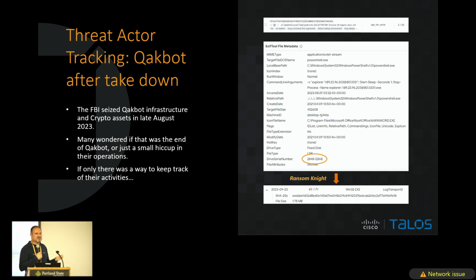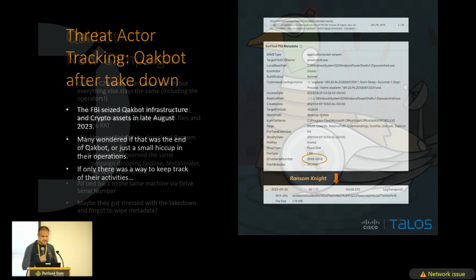Did they mess up and forget about the link metadata because a lot of time has passed since the last campaign? Or did they get stressed because of the FBI takedown? I don't know. But they messed up and they left this information on the link files, which enabled me to track them and connect this new campaign with the previous actors that distributed QuackBot.